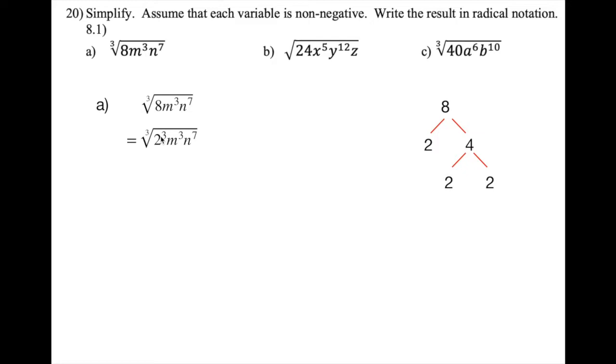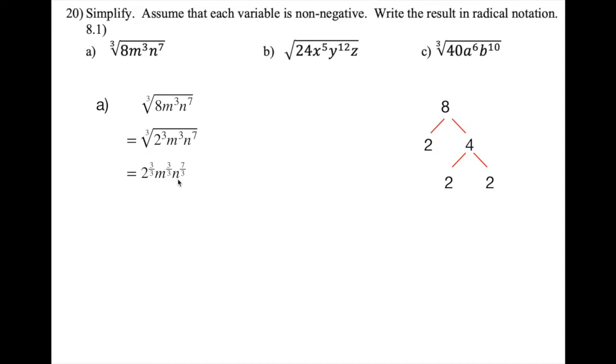Then we want to give this index to each one of those exponential expressions inside. So 2 raised to the power of 3 over 3, m raised to the power of 3 over 3, n raised to the power of 7 over 3. So basically you give the power of 1/3 to each one of those exponential expressions.